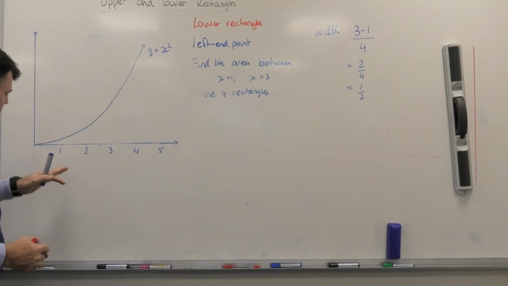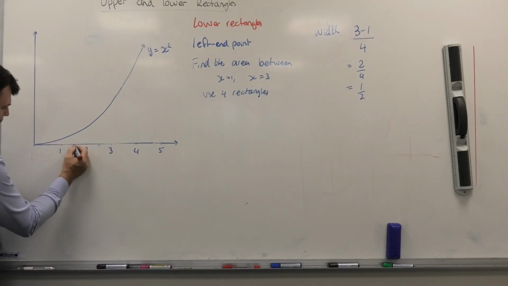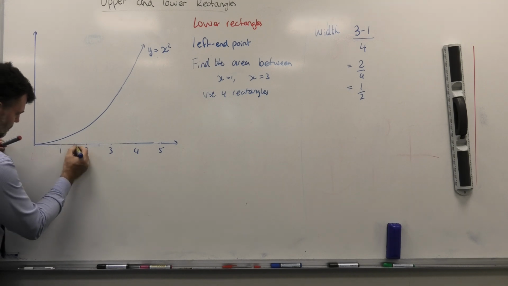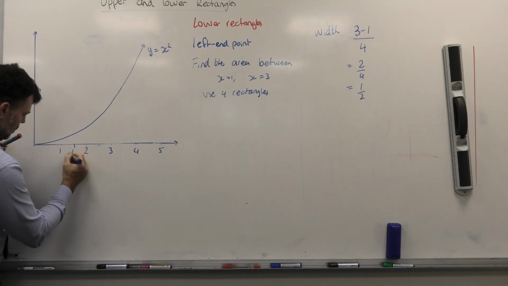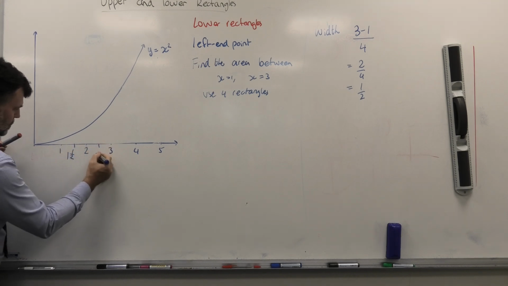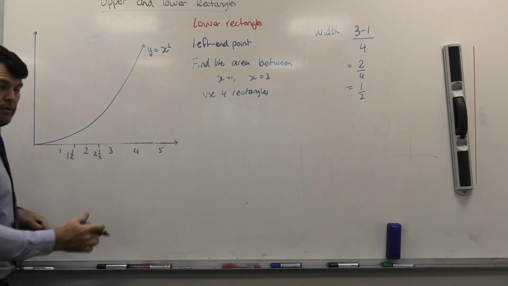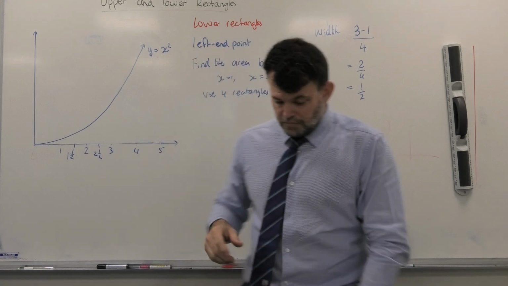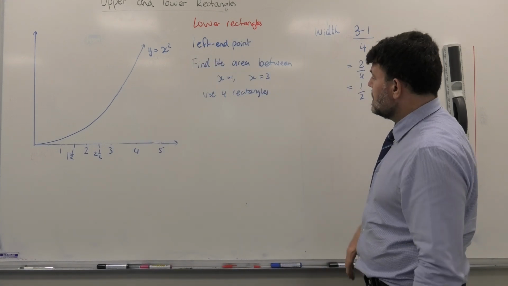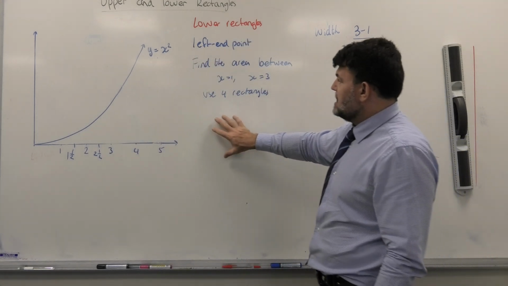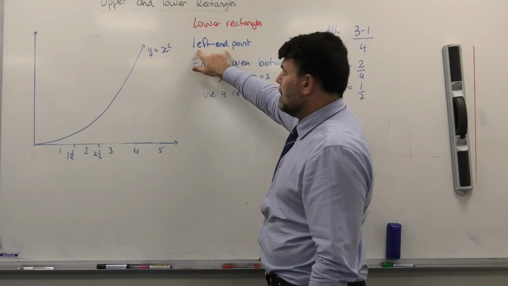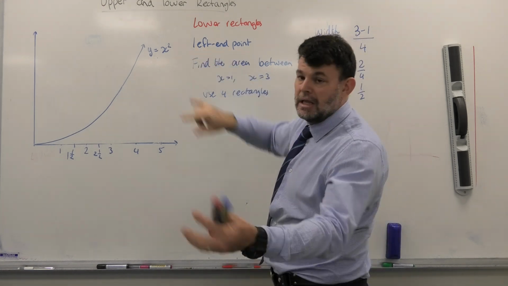So we can now fix this up here, starting from 1, let's put in 1.5, 2, 2.5, 3. So there's going to be my 4 rectangles. Our next thing we're going to do is start sketching these rectangles. Because we're going for the lower rectangles, we're going to go from the left hand side.